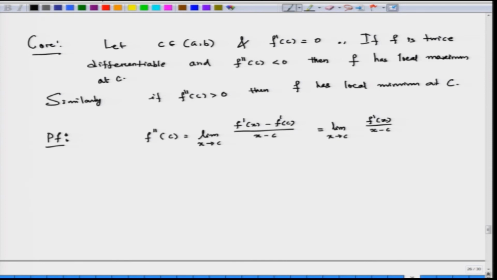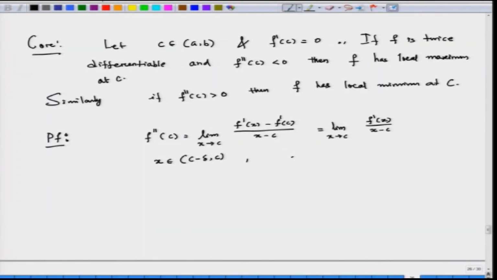Okay. Now, take your left hand limit, that means consider x belonging to C minus delta to C. In this case, the sign of x minus C is going to be negative. So, now the limit as x goes to C from the left of f prime of x divided by (x minus C) is equal to f double prime of C, because this exists, and which is given to be negative.